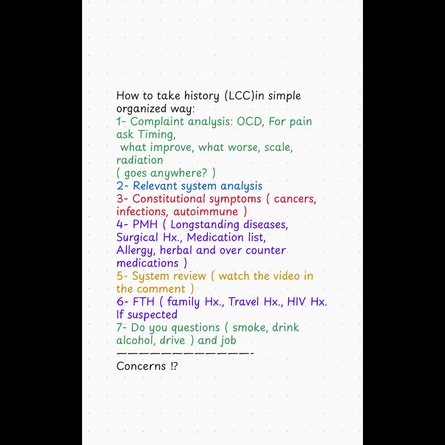Sometimes patients will have a history of pacemaker or dental extraction, so you can consider it a procedure, not surgery. Then the medication list. Whenever you have any long-standing disease, you have to ask about the medication. Are you compliant with the medication? Did you add any medication? Did you increase the dose recently?